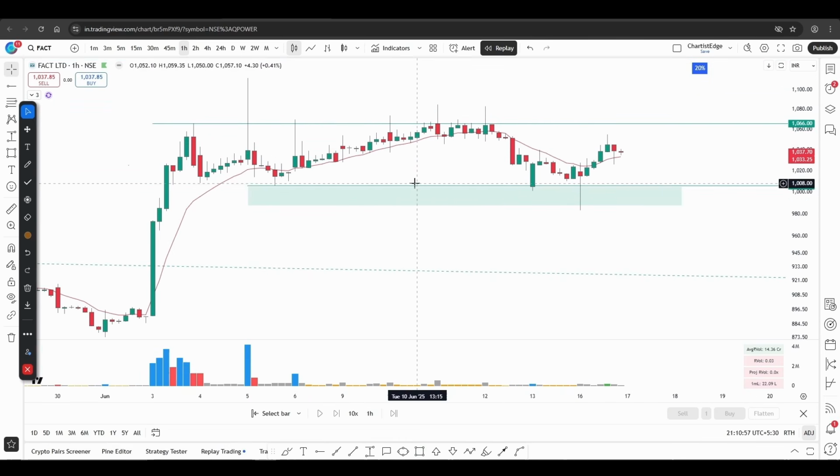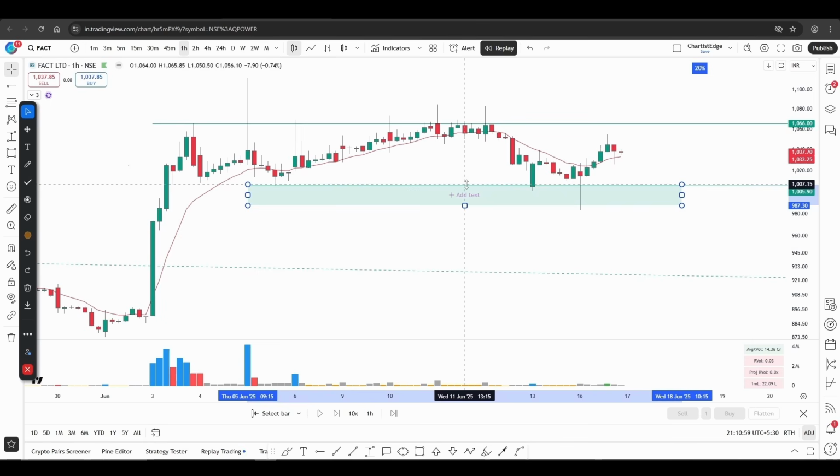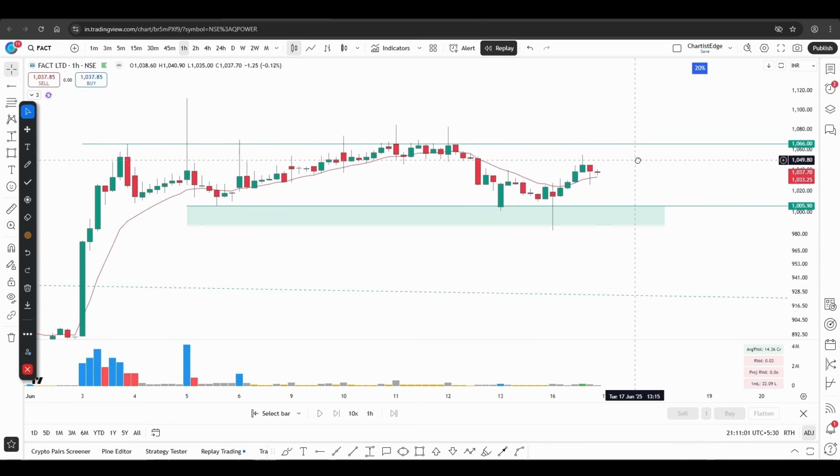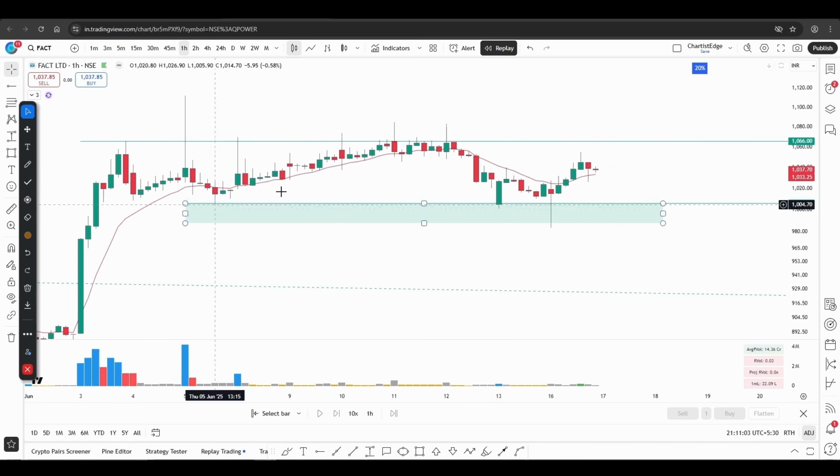So we can say that the buyers are active around these areas, and if this low is intact, then we can look for an opportunity in the coming sessions.